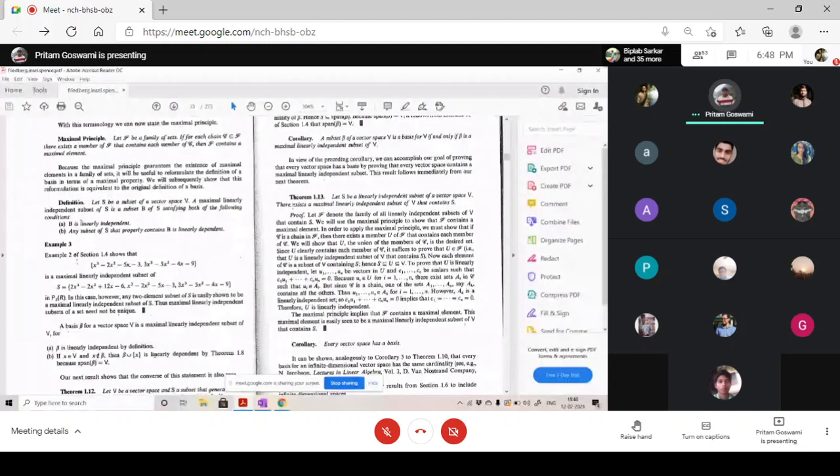So sometimes there will be a question that the dimension of the vector space is n. S is a given subset which is linearly independent and has n minus 1 elements. Is it a basis?